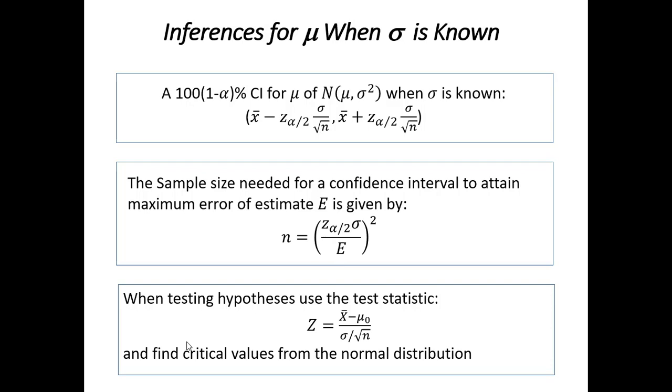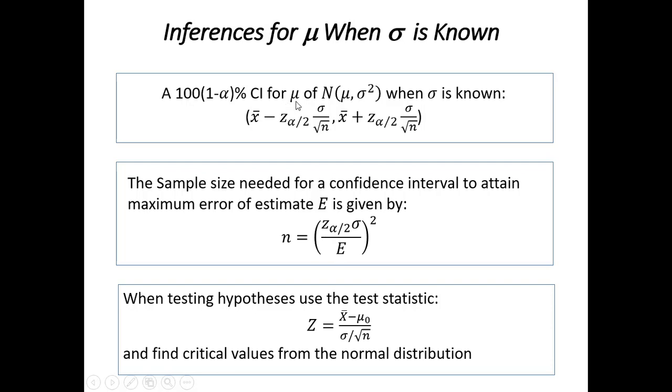Okay, so here are some of the facts for the inferences for the mean when sigma is known. We get a confidence interval. We'd write it like this, a 100 times 1 minus alpha % confidence interval. So for example, if alpha is 0.05, this term becomes 0.95, and we get a 95% confidence interval for mu.